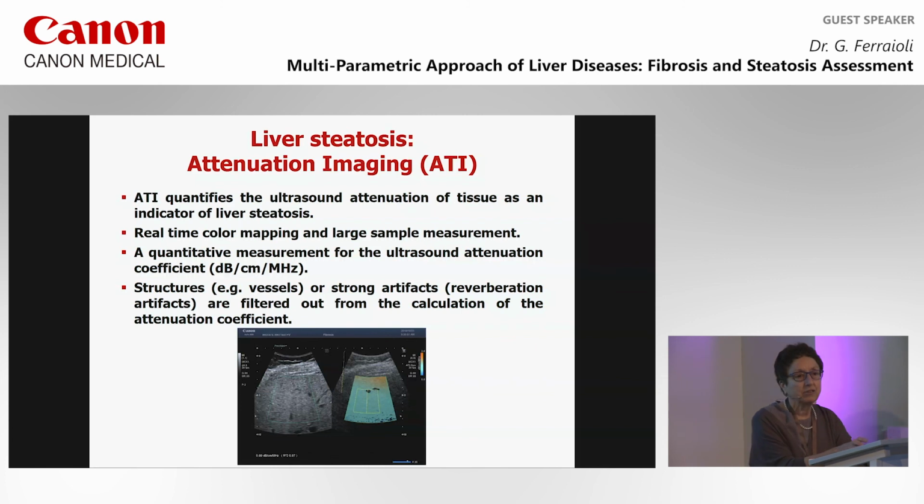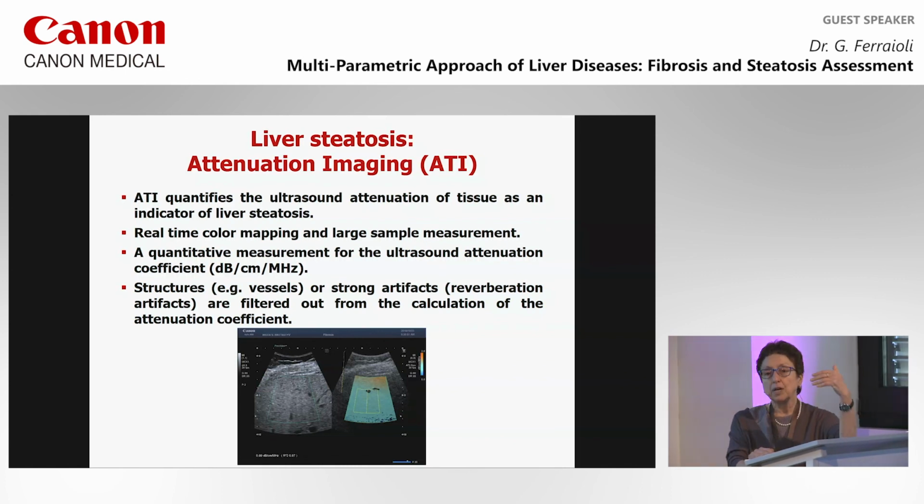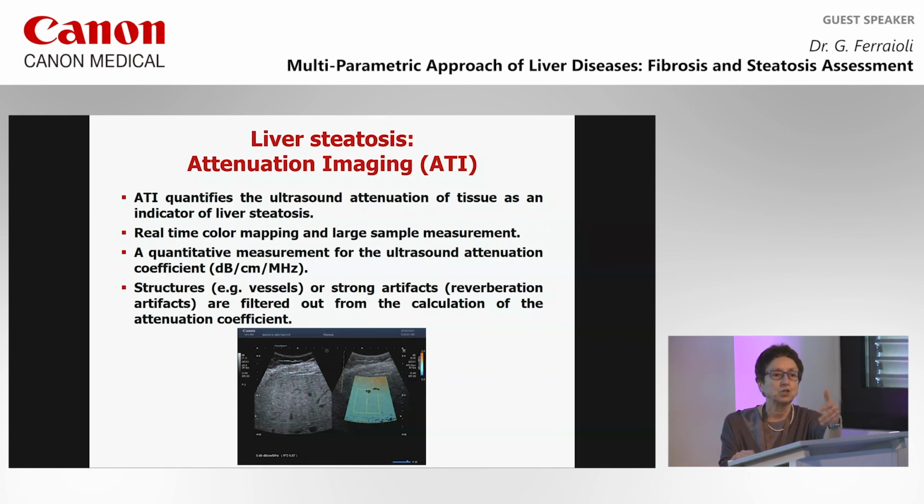On the Canon system is now available the attenuation imaging. It is possible, using the attenuation imaging, the ATI software, to quantify liver steatosis. It's based on a quantification of the attenuation in decibel per centimeter per megahertz.